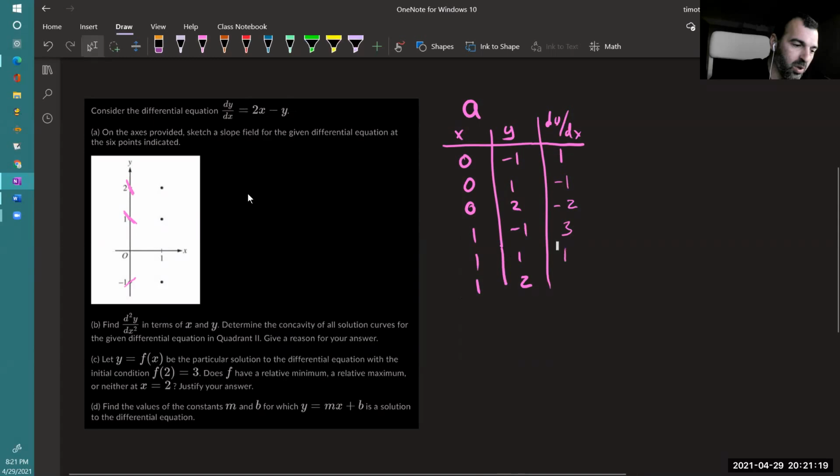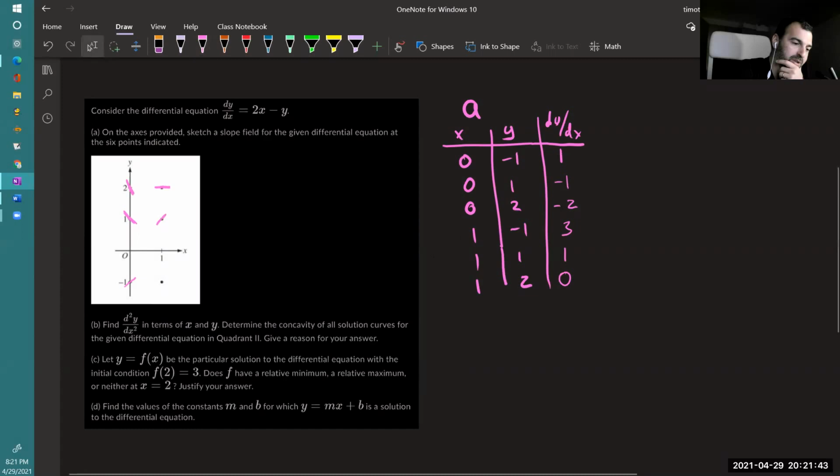Is going to be a 1. And then I plug my 1 in for x and my 2 in for y. So 2 minus 2, oh, I'm getting a 0. Okay. So at 1, 2, I've got a slope of 0. At 1, 1, I have a slope of 1.